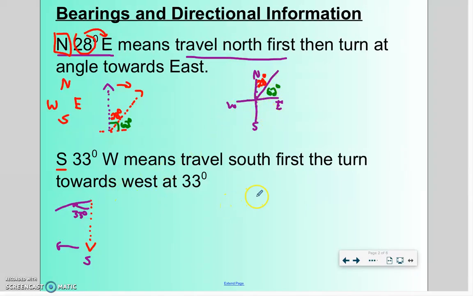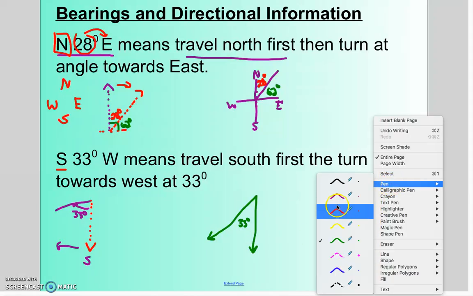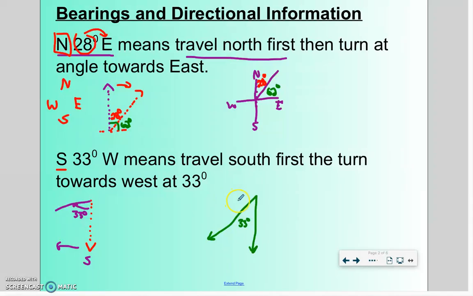So down here in this example, when we go south 33, the 33 goes on the inside because that's the turn that you're making. And then on the outside, I'm going to put 57 degrees so I know that there is my 90 degrees. That is the angle between east and my value instead of south to my value. So it's 57 degrees south of east in that case. So I like to make sure I find its complement every time.